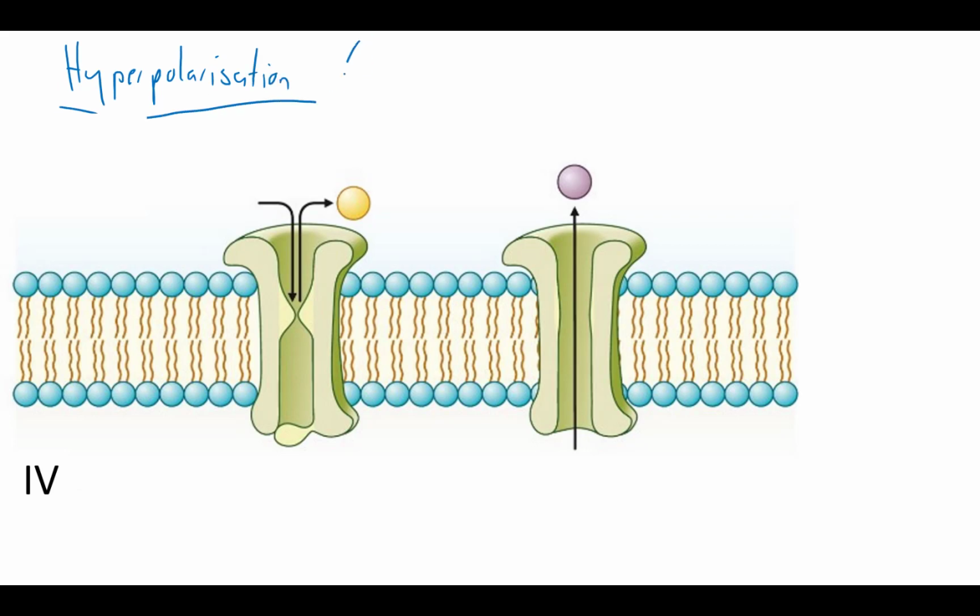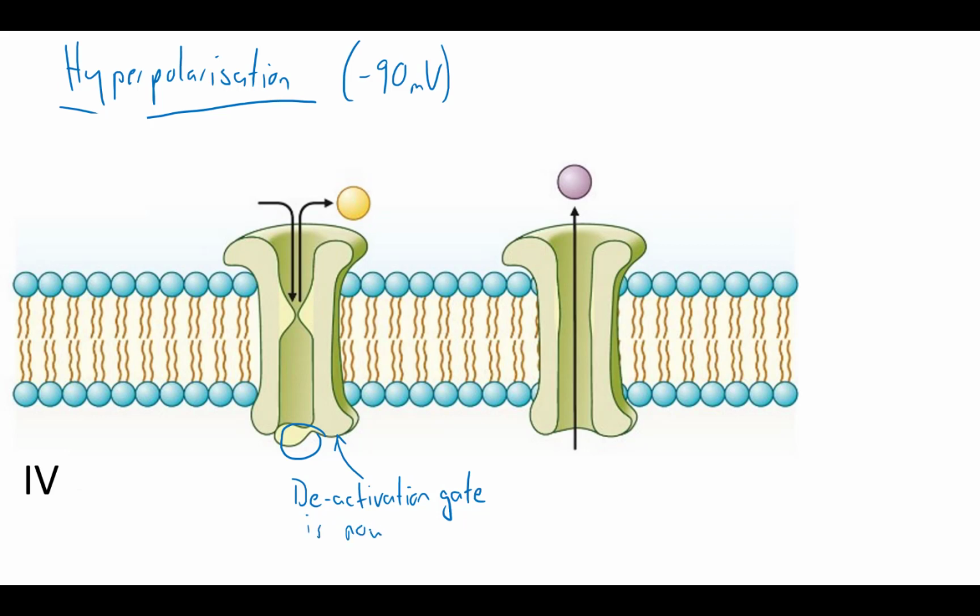So this means the cell is something like minus 90 millivolts, and this negative charge has an effect on the sodium channels again. In particular, you can see that this little flap here should demonstrate what we call the deactivation gate. And that now closes.